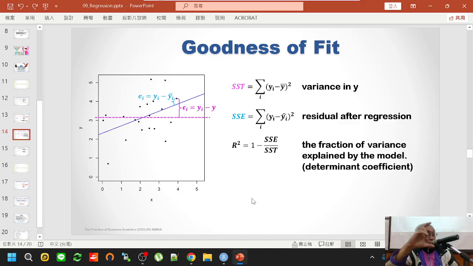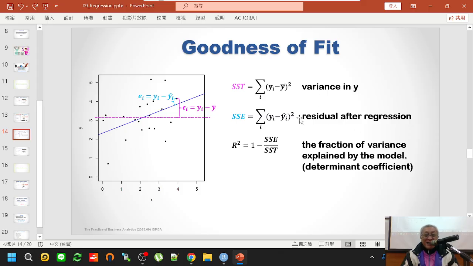And it also has an implication: it implies the fraction of variance of y itself that can be reduced by the model. So say if it's 0.8, it means that 80% of y's variance can be explained by this model. You get the point?